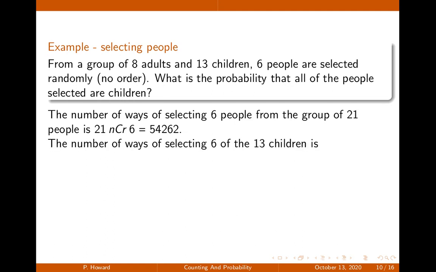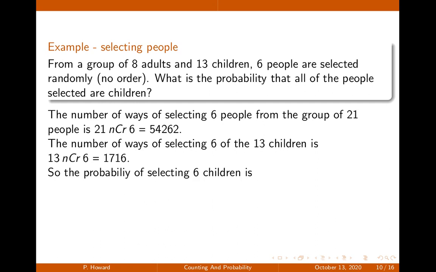And now we need to know the number of ways of selecting 6 of the 13 children. So if you are selecting 6 of 13 children and not putting them in order, this is a combination of 13 things taken 6 at a time. So it's 13 NCR6, which is 1,716. Therefore, the probability of selecting 6 children is the number of groups of 6 which have 6 children divided by the total number of groups of 6.